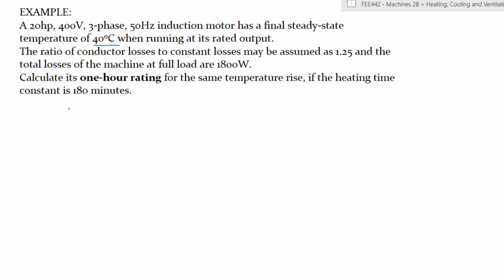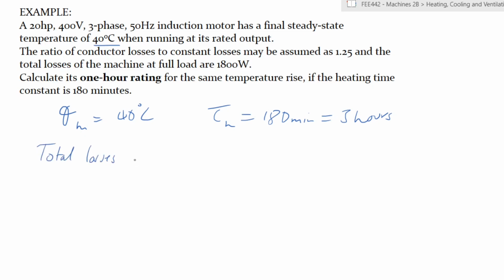So in this case, we can see that theta m is equal to 40 degrees and tau h is equal to 180 minutes. In hours, that is 3 hours, right? Those are our first constants. Total losses at full load will be given by conductor losses, let's call them Wc, plus the constant losses or the iron losses Wi.